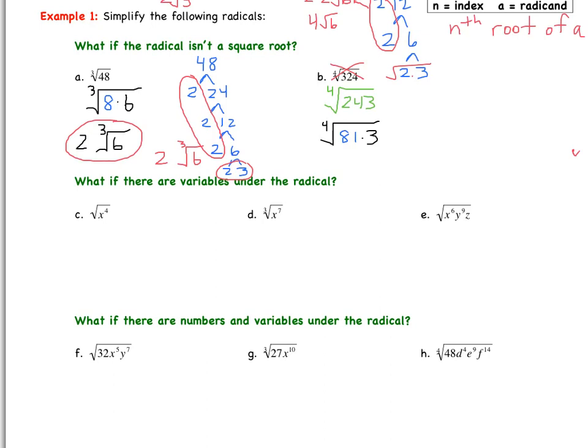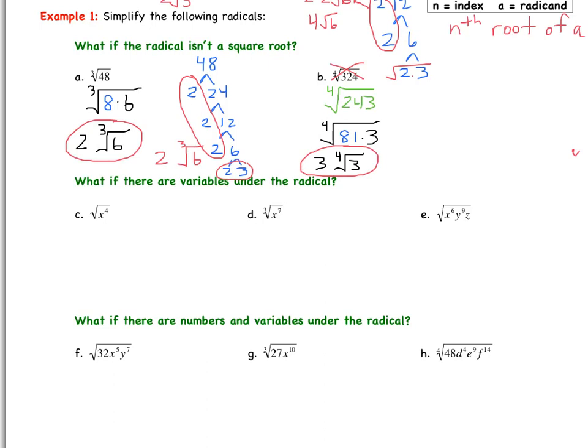So the 4th root of 81 is 3, and I'd be left with the 4th root of 3 underneath. But if we don't know our perfect powers, which we should, we can do the jailbreak method.